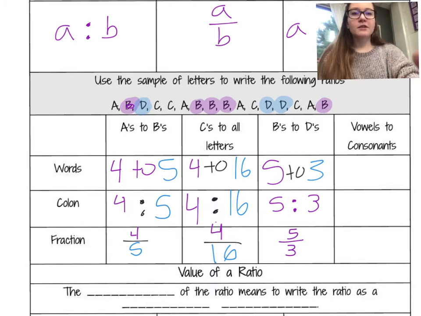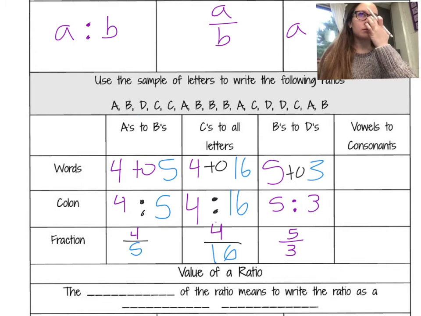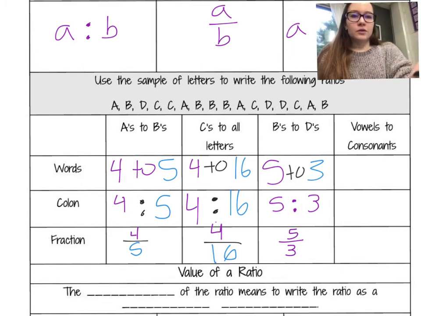All right, vowels to consonants. Remember, vowels are A, E, I, O, and U. We're not going to include Y. Okay? So vowels, we have 1, 2, 3, 4.